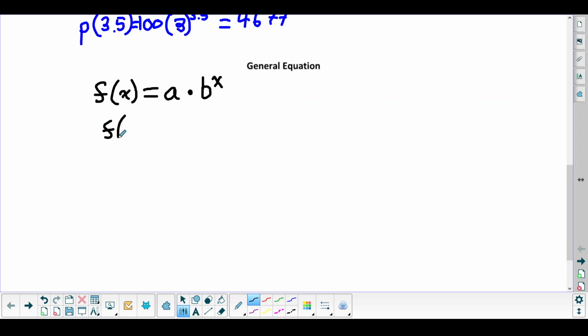So f of x, well, that tells us the amount. In our previous question, it was the population of bacteria, or the amount of bacteria.